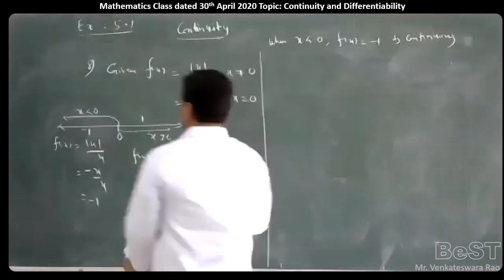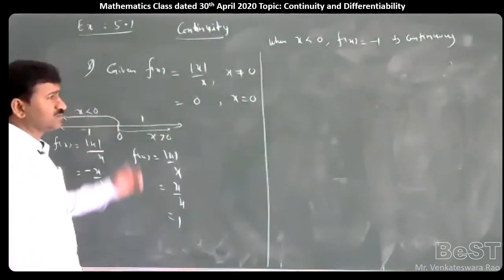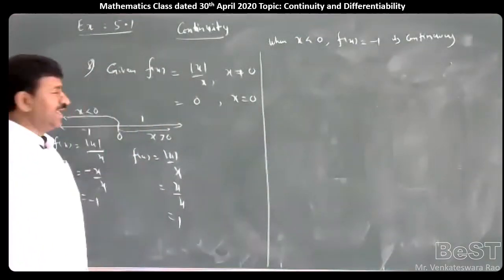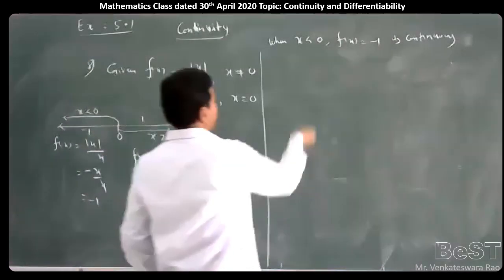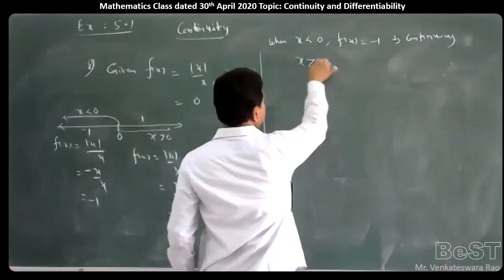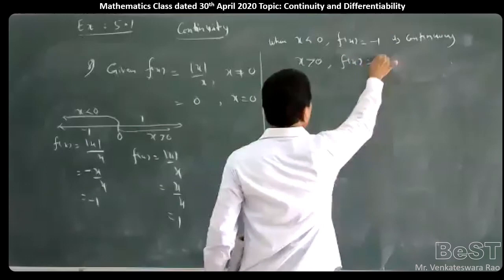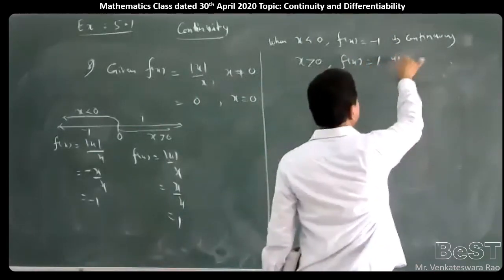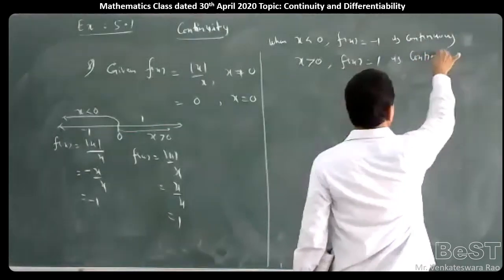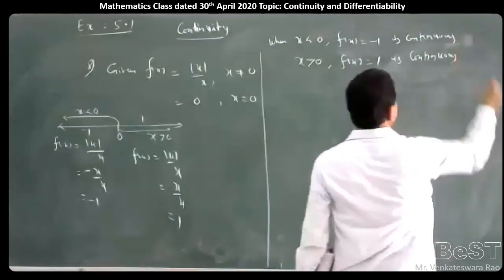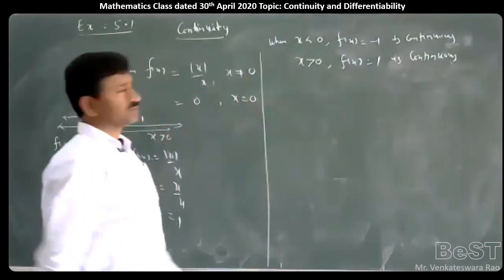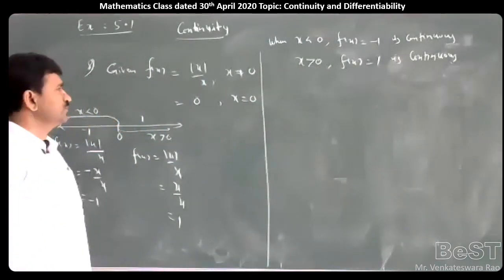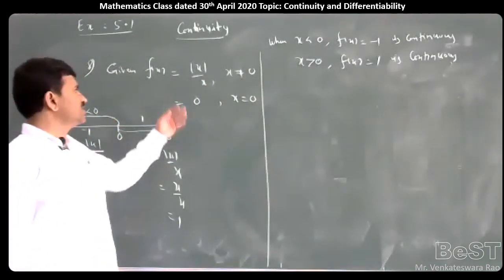Any constant function is always continuous on R. When the x value is greater than 0, second condition, f of x is equal to 1, which is continuous. So now we'll discuss x equal to 0.